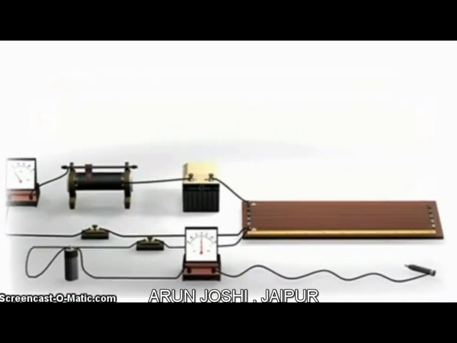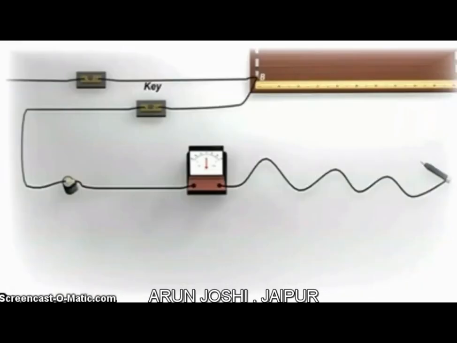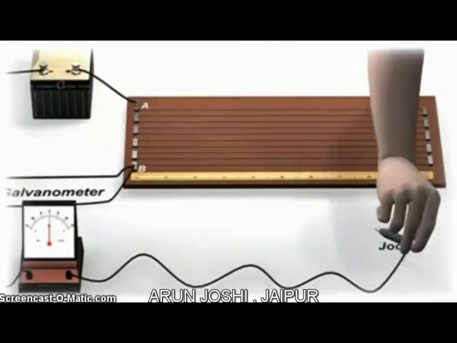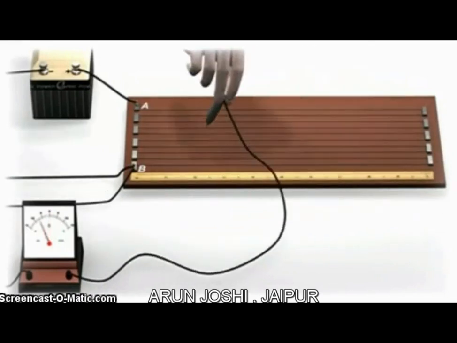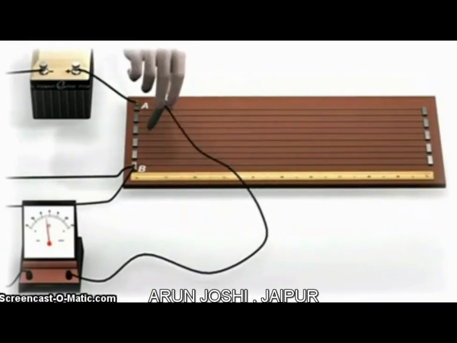If it is not constant, K will change and the reading will change. K is the potential gradient. Is it clear to all of you? Now this is the secondary cell, the cell connected in the secondary circuit, whose EMF you have to calculate. You connect this, you observe the deflection toward one side, then the other side. It means somewhere there is a point where we will get zero deflection.